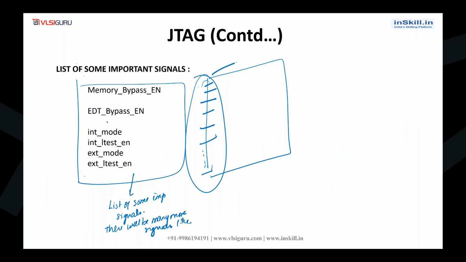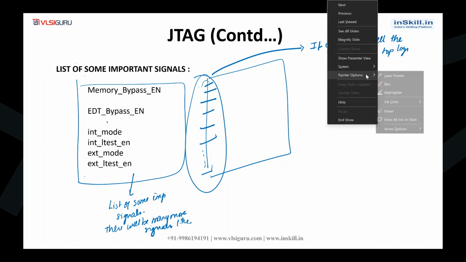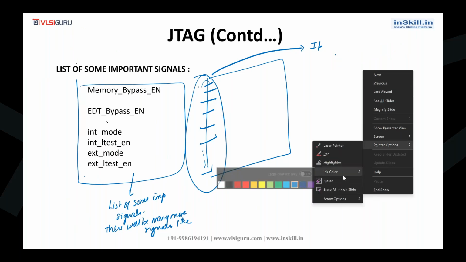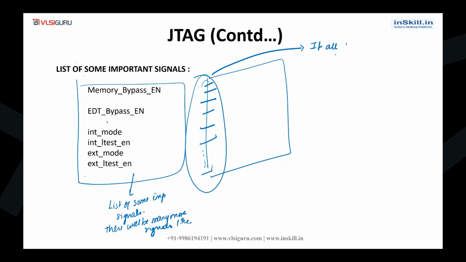If you control all the signals from the top level, allocating a top level port to control memory bypass enable, one top level port for EDT bypass enable, like that, what will happen?